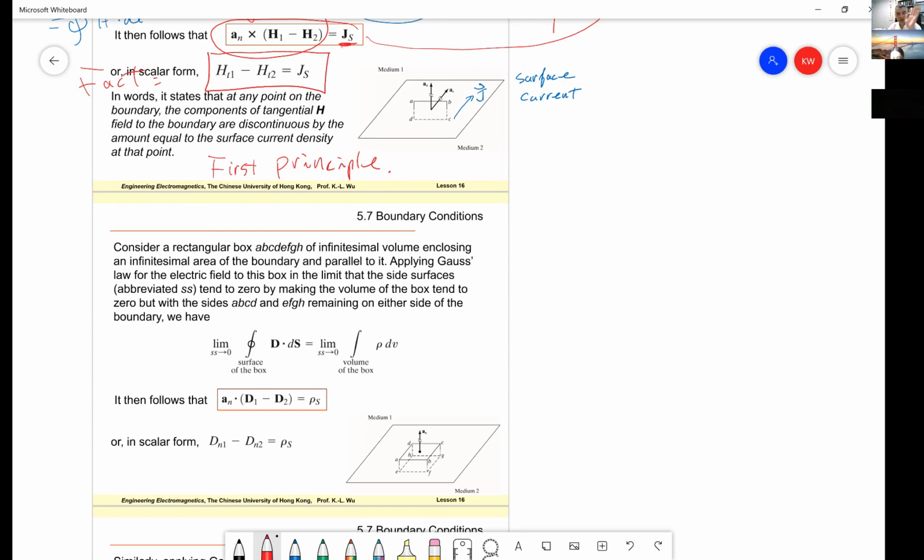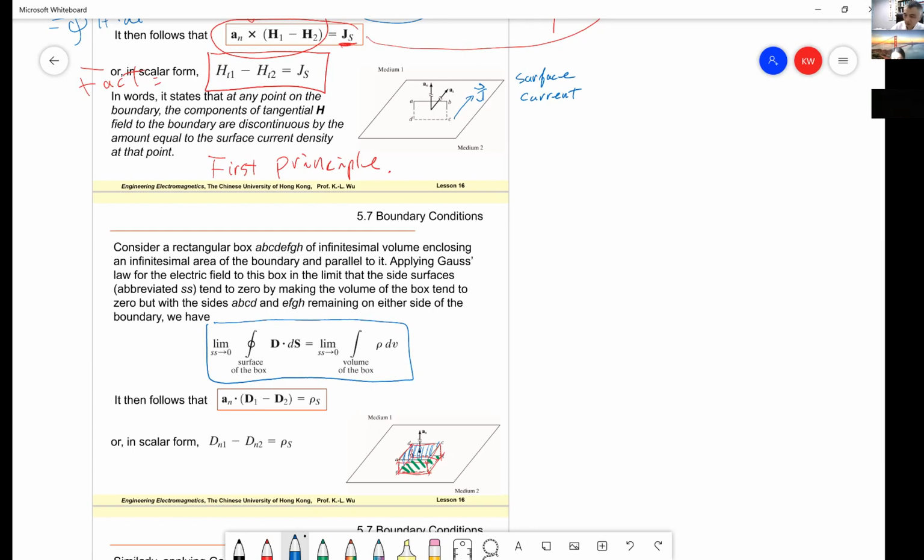This time it is not a surface, it's a box. Can you see this rectangular box? This rectangular box contains two surfaces, one top surface and another bottom surface. Then we use the integral form of the divergence theorem for the electric field.